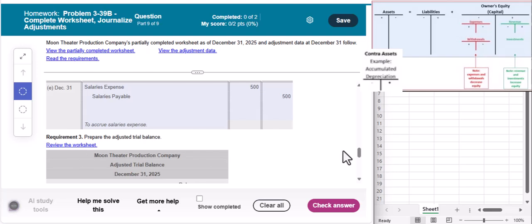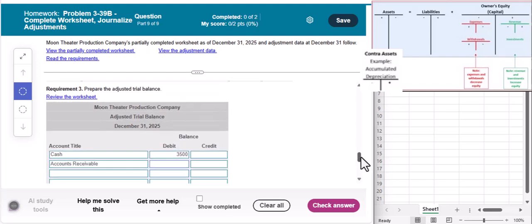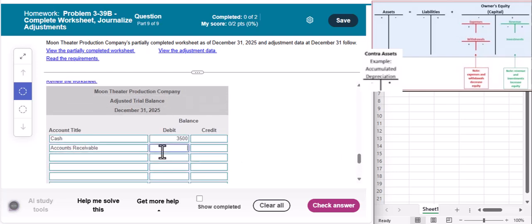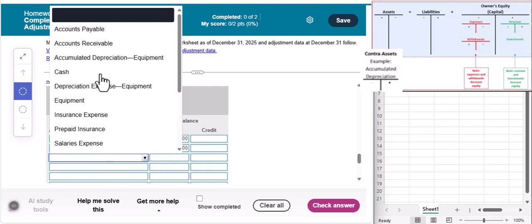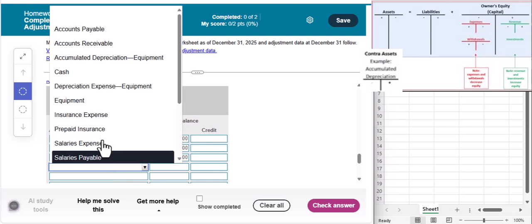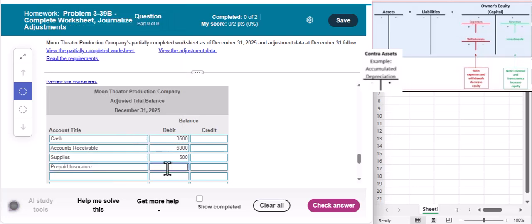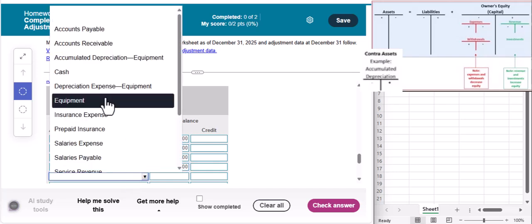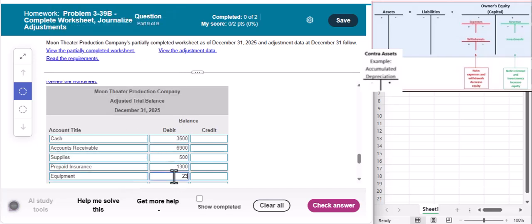You can review the worksheet here, or if you are doing this on a test, you will need to scroll back up. Tedious, I know. All right, so then we'll have supplies next up. Prepaid insurance, more assets here. Our last asset of equipment, and that is $23,000.